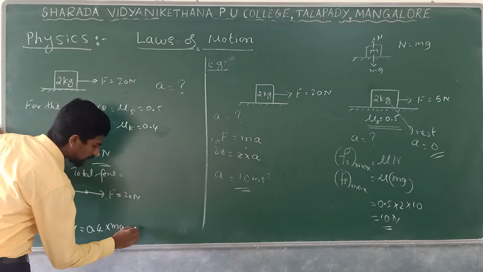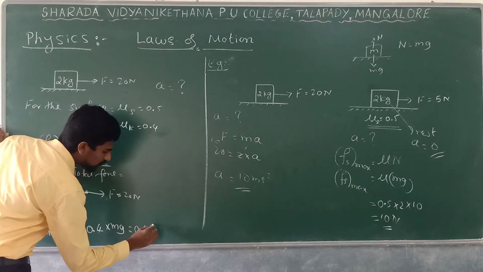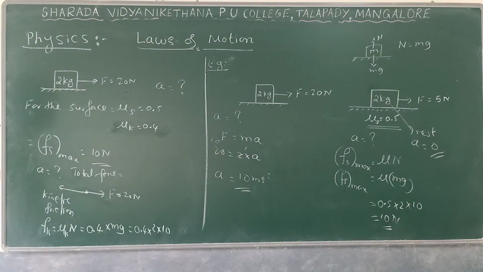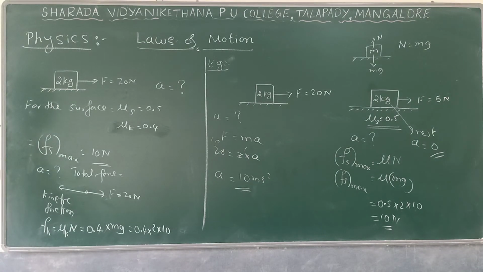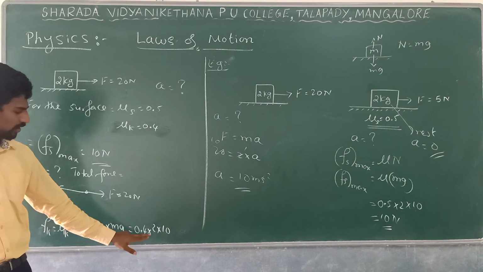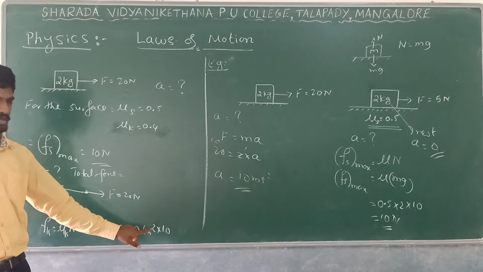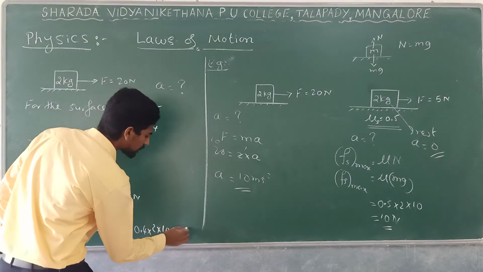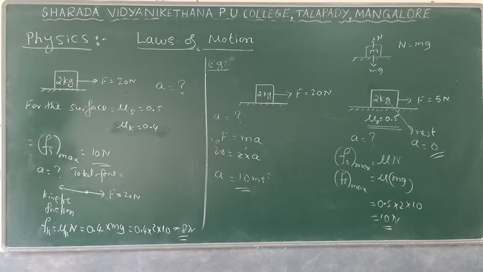So put the value: 0.4 into m, which is 2, into 10. So 10 into 0.4 into 2 will be 8 Newton.